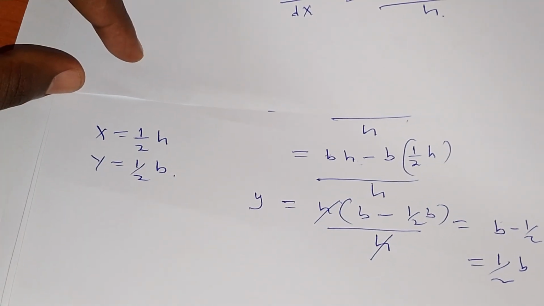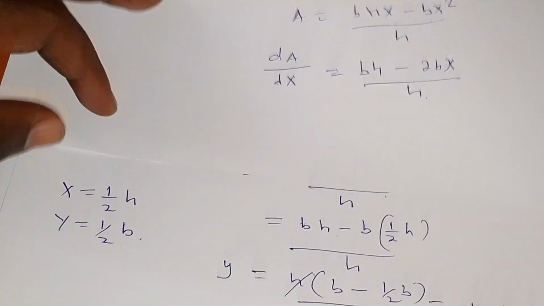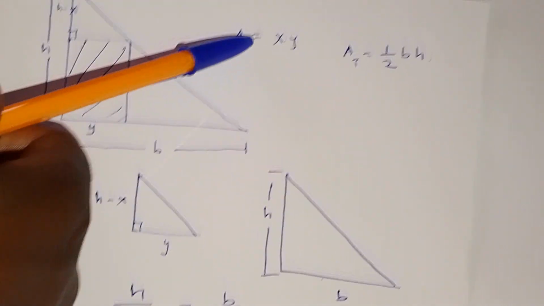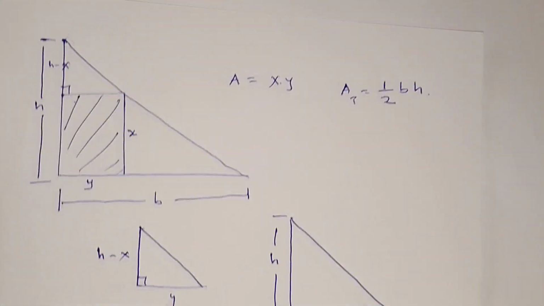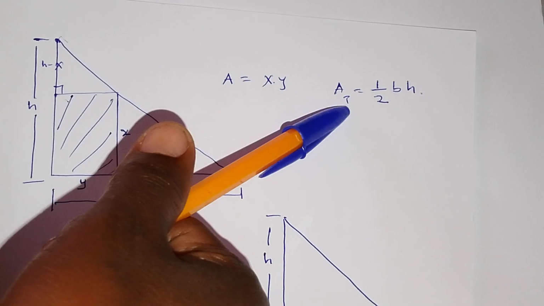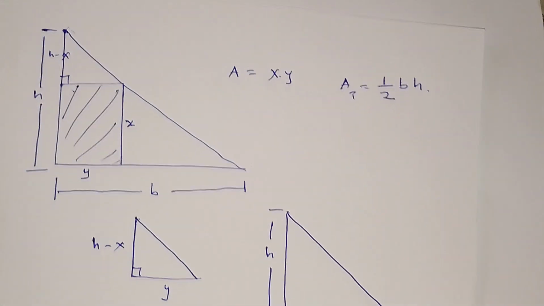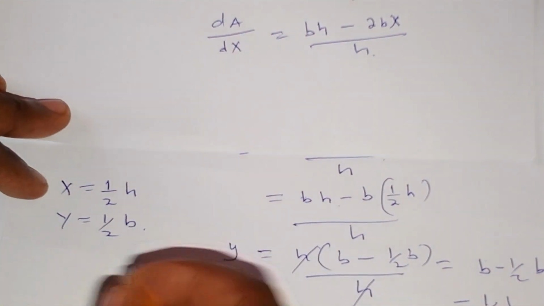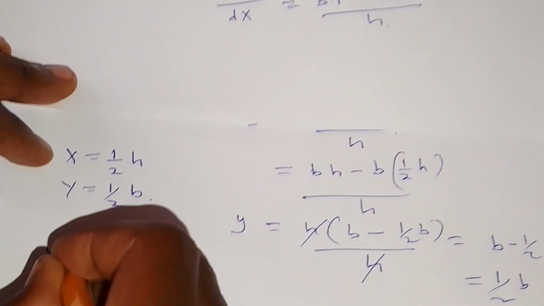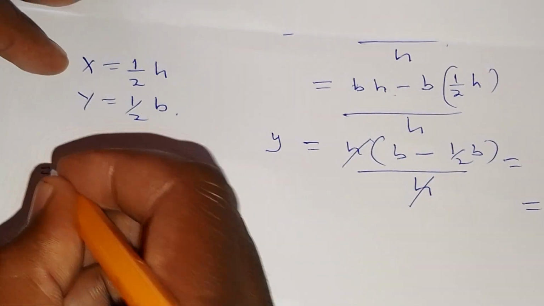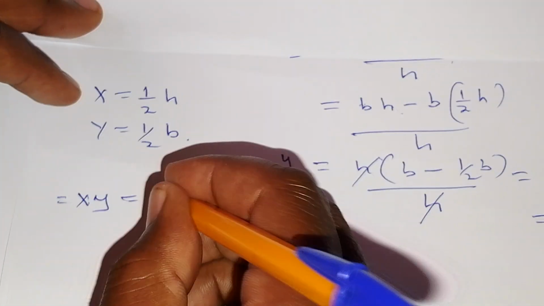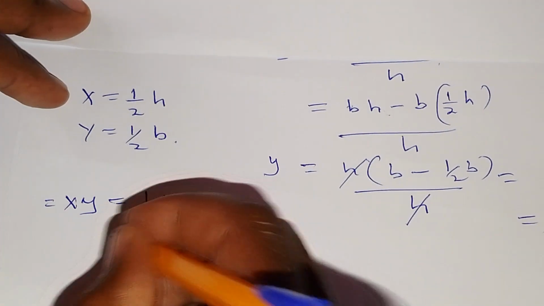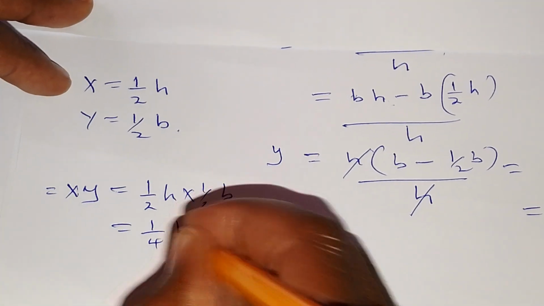It's like they're giving us a kind of relationship. Let's see. We said initially, if you can remember very well, that the area of a rectangle is xy, and the area of a triangle is a half bh. So we want to show from here how we get the area of the rectangle. We are going to have x times y, which is a half h times a half b, which is a quarter bh.